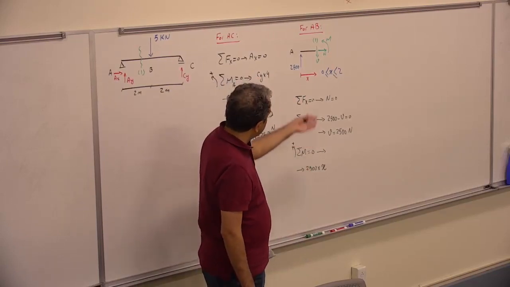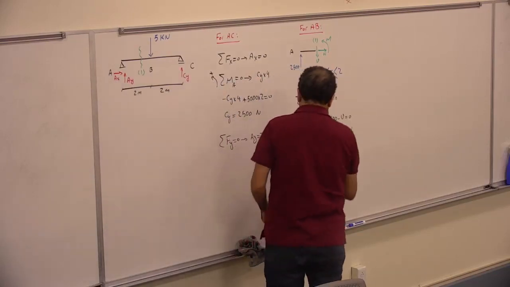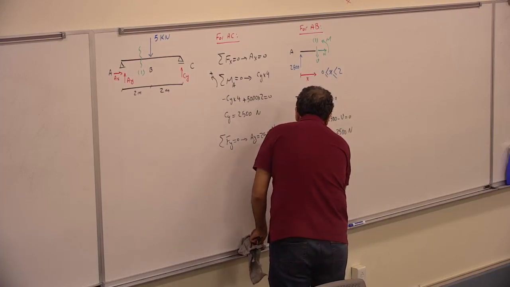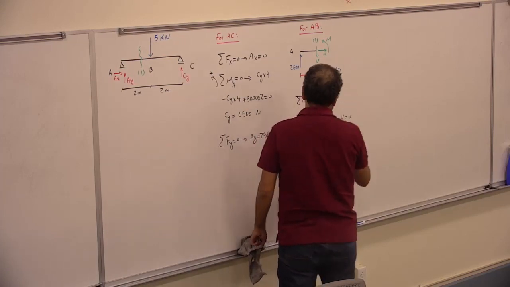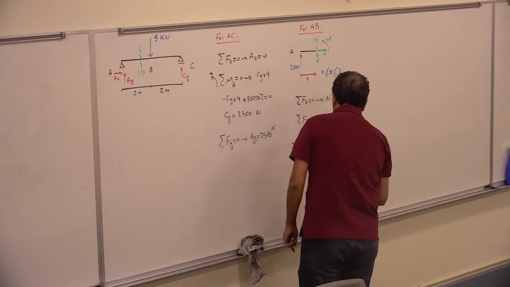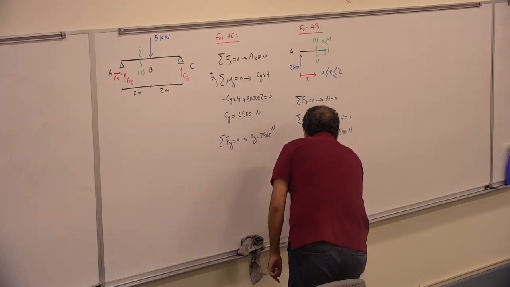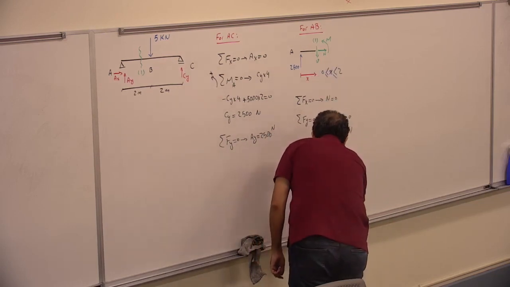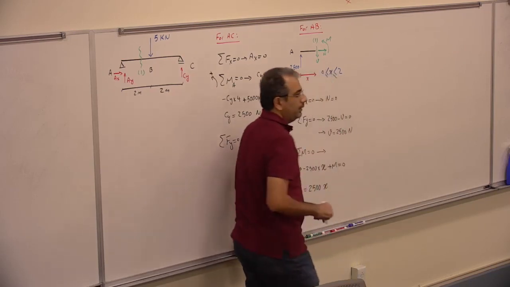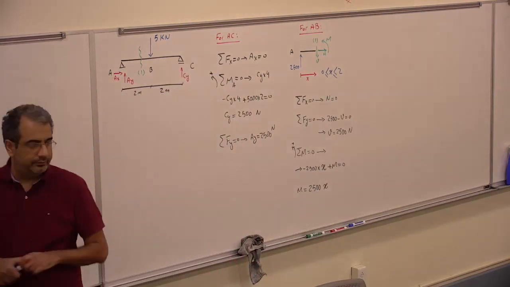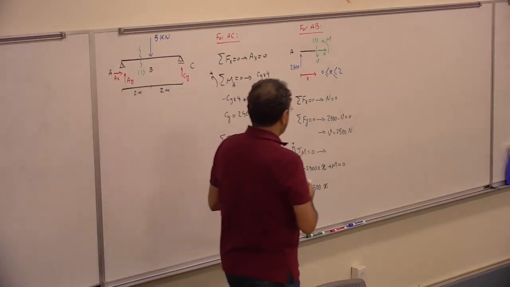So 2500 times x, and it's going to be clockwise, so it's going to be negative, plus M would be 0. So M would be 2500x Newton meter.